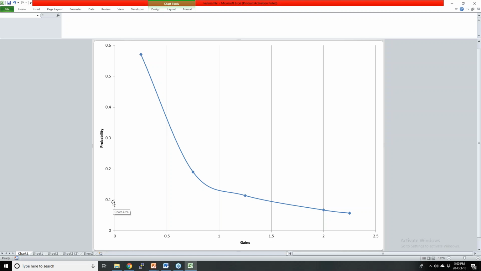Is this clear? This is very important. There is a very fine balance between how aggressive and how passive you want to be. If you're really passive, your execution price might be great, but you might not get a lot of trades. And if you're too aggressive, you might get a lot of trades, but your gains might be very bad.